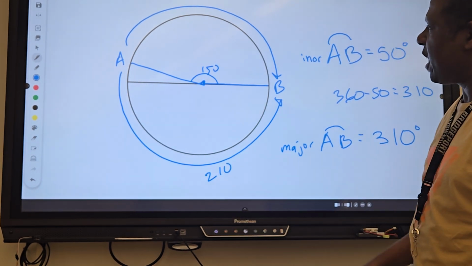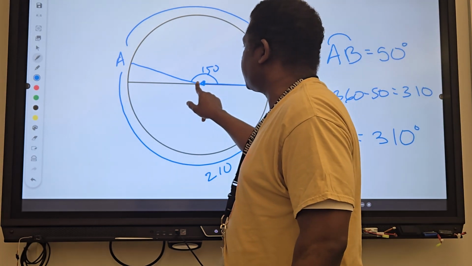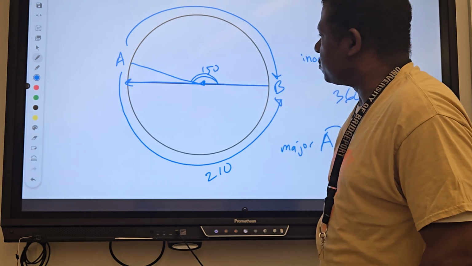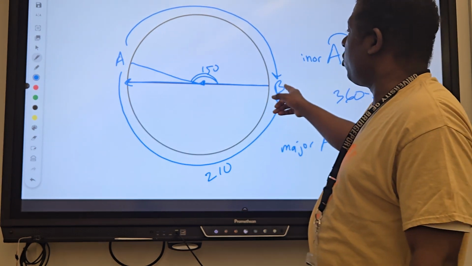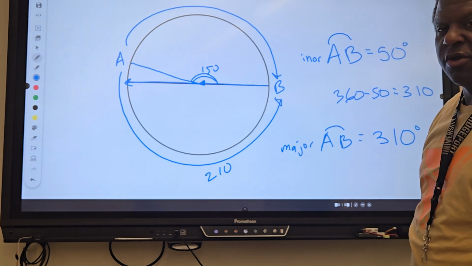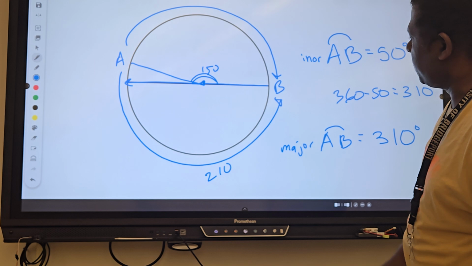So you know that 180 is the threshold, because in this case, if I were to go 180, that's half the circle. So the minor and the major would both be 180. So anytime you have an arc measure that's less than 180, you know it's a minor, and the major would be more than 180.